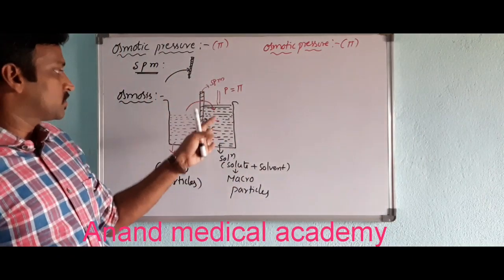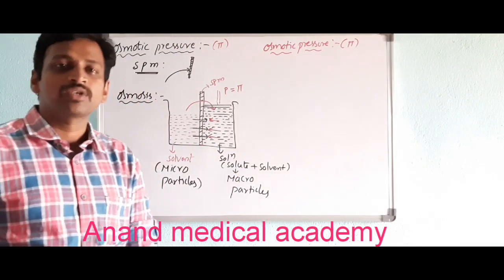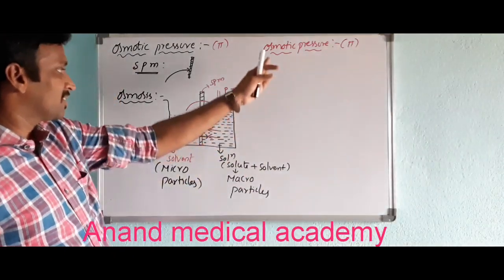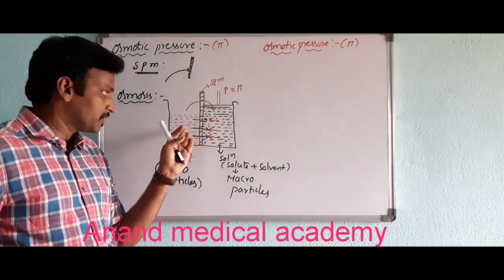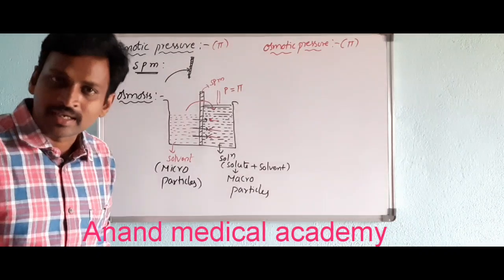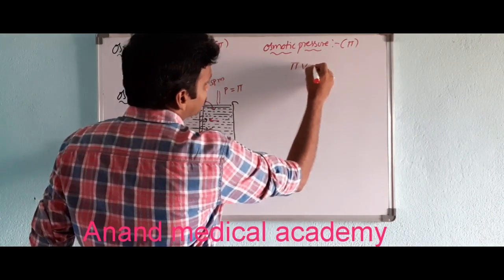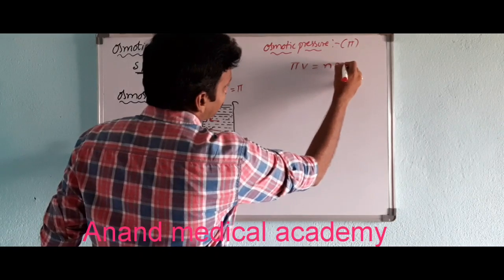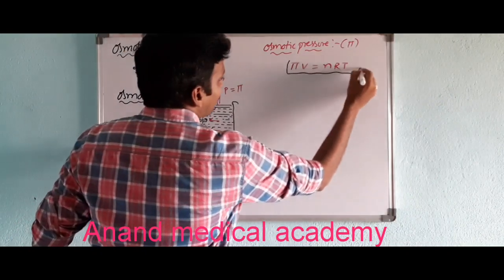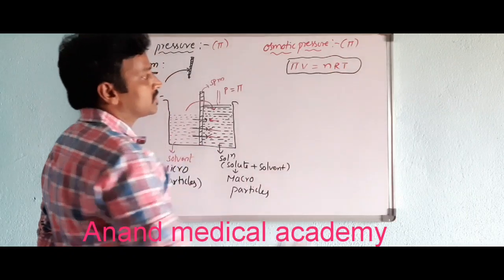But if you consider the solution ideal, you know the ideal gas equation PV equals nRT. That is the normal pressure exerted by a gas. Here it is the pressure exerted by this particular liquid. So here also we are considering ideal conditions, and we use pi V equals nRT, like PV equals nRT.